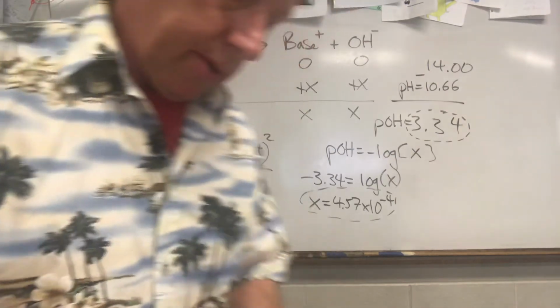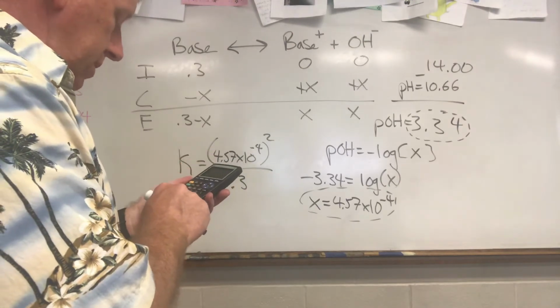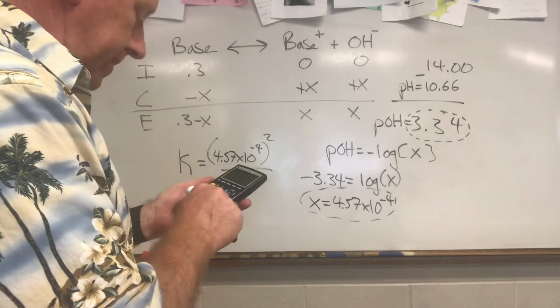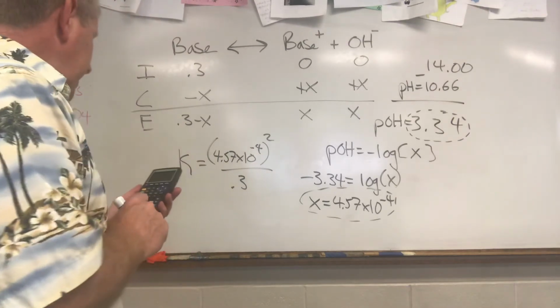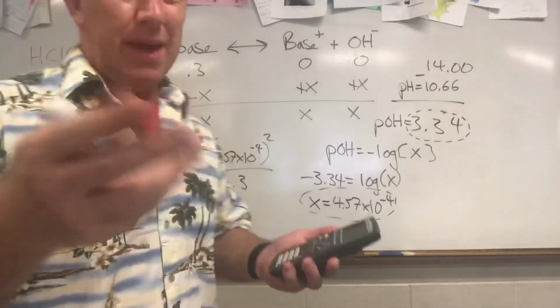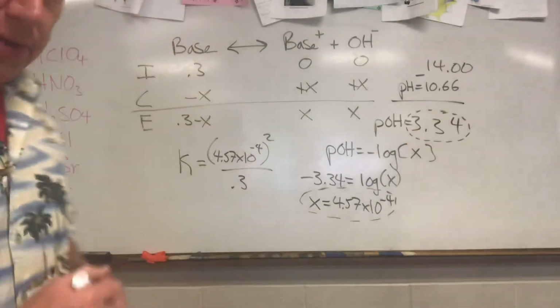Times second function answer, enter, divided by 0.3. We get 6.96, or around 7, times 10 to the negative 7th. And what do we get for an answer on the sheet? 7 times 10 to the negative 7th. Nice!